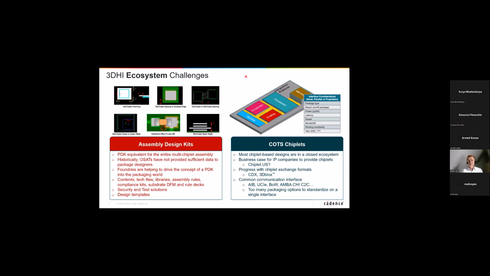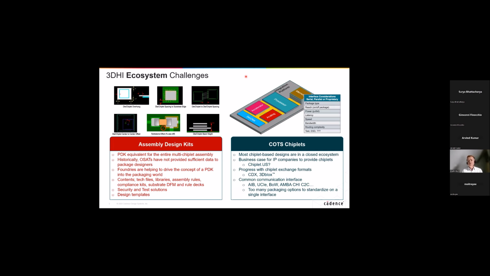This ecosystem needs to be available to the customer to be able to design these system on package or chiplet-based designs. Another challenge, also mentioned in the previous talk, is that there is not yet a big market for off the shelf chiplets, so that you can shop for certain building blocks you want to put in your system. There are some initiatives already started to provide these kinds of bare silicon on the market.